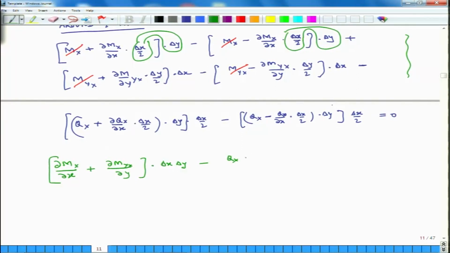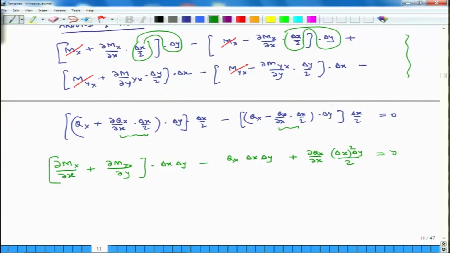And then from this line you get minus qx delta x delta y, and plus del qx over del x delta x delta y, and delta x is squared, and this entire thing is divided by 2. See these terms, this term and this term, they will add up.